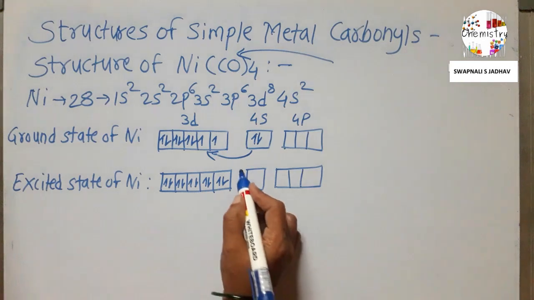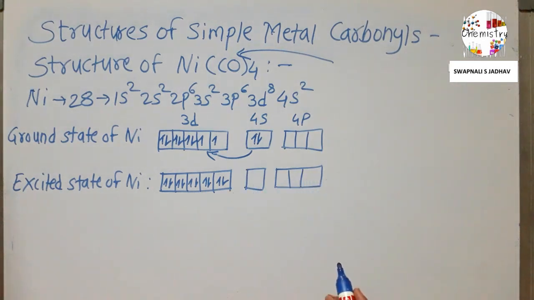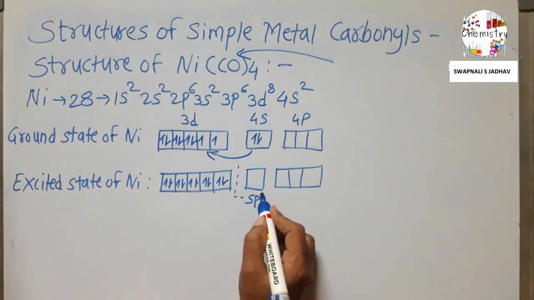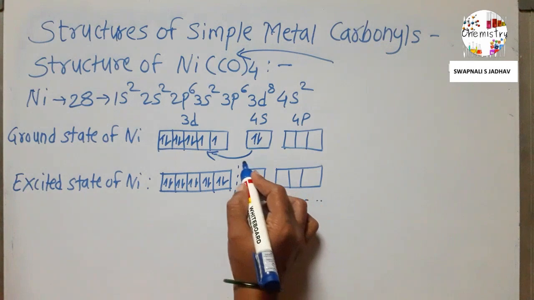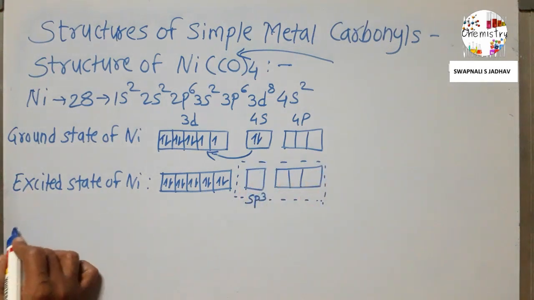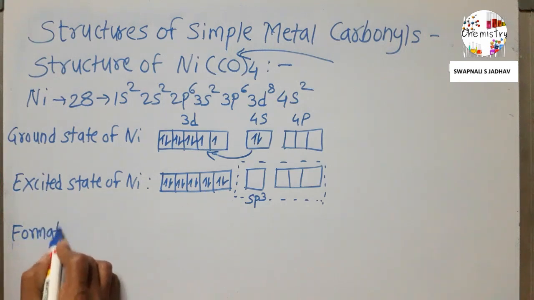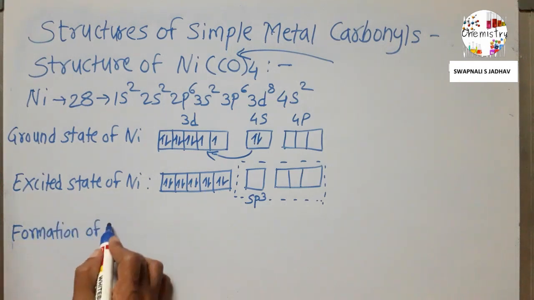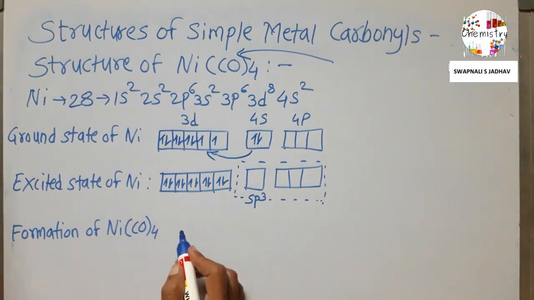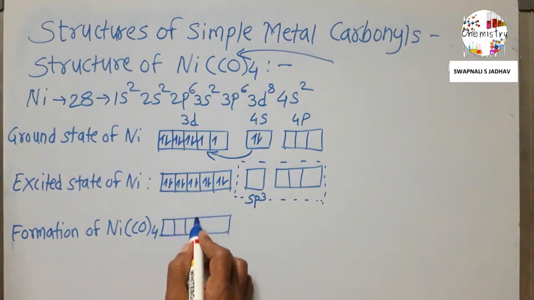That 4s and 4p orbitals are empty, and that undergoes which hybridization? sp3 hybridization. So there is formation of NiCO4. So how is it formed?